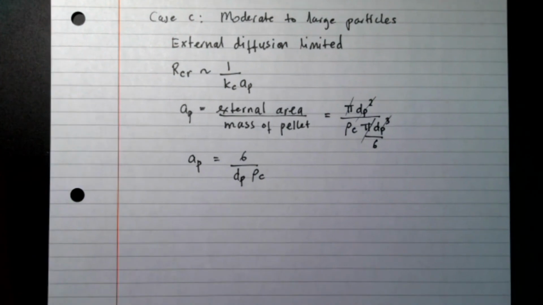So there are two cases that we need to analyze. The first is when there is no shear stress between the particles and the fluid. And the second is when there is a shear stress between the particles and the fluid.